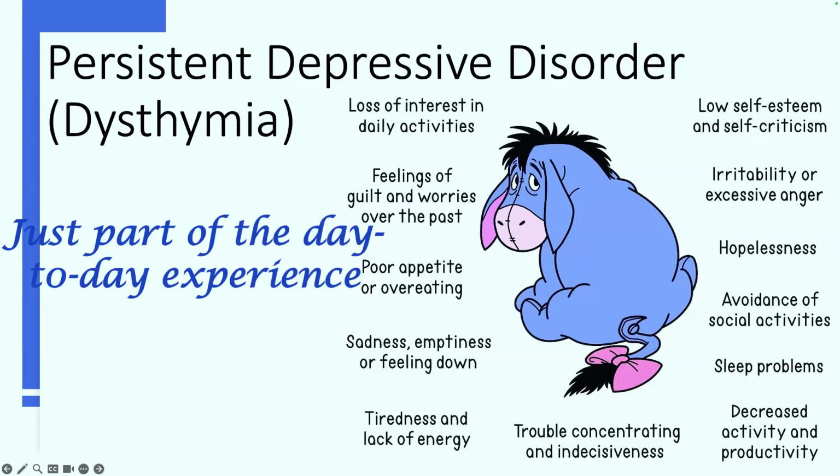You're kind of below that line. Everything's a little bit, the cup is half empty all the time. And this has been going on for at least 2 years. So this is long-term to get this diagnosed. It's chronic, mild, but chronic.